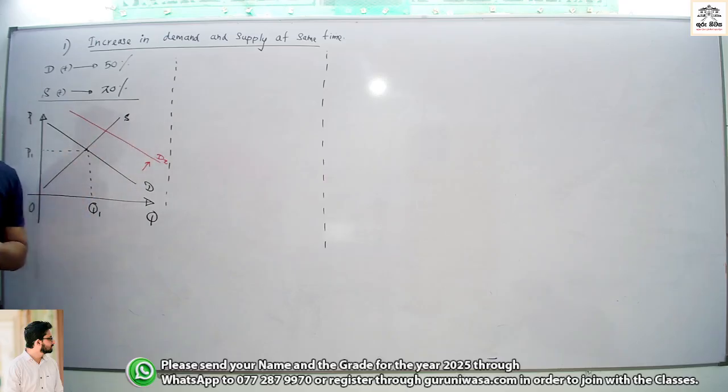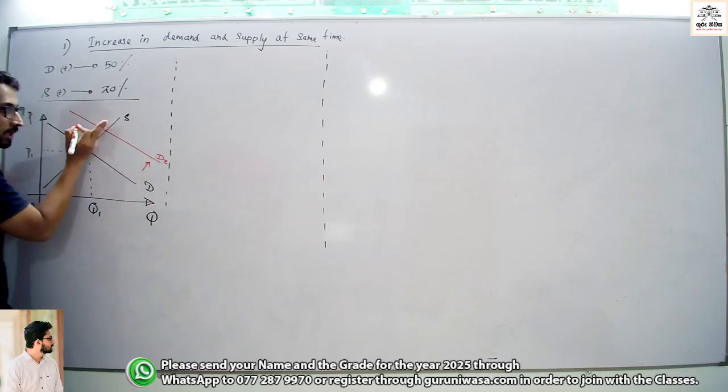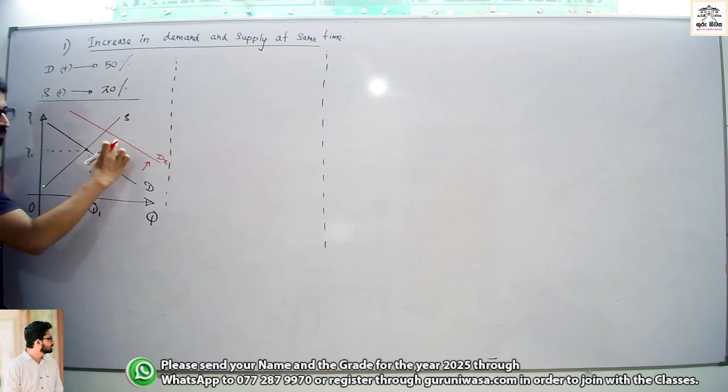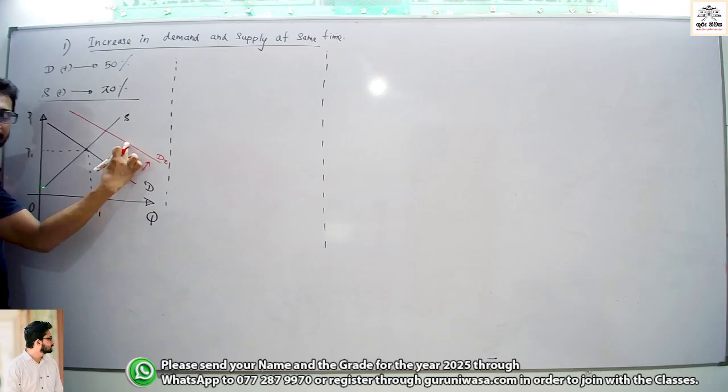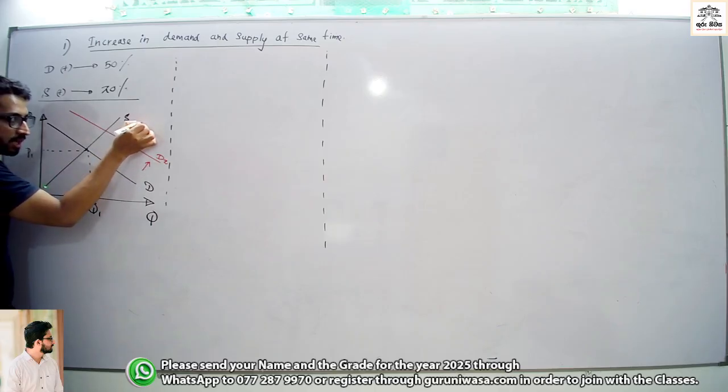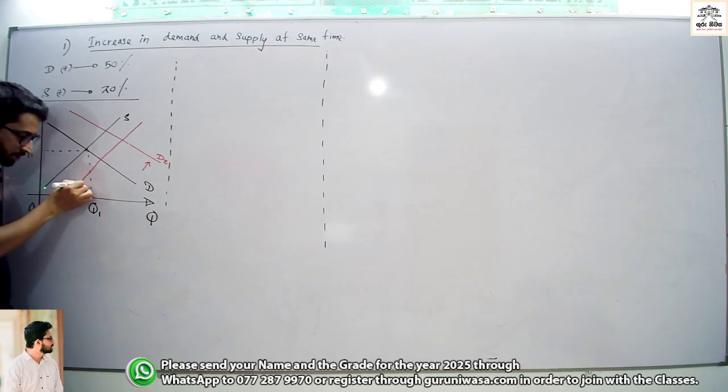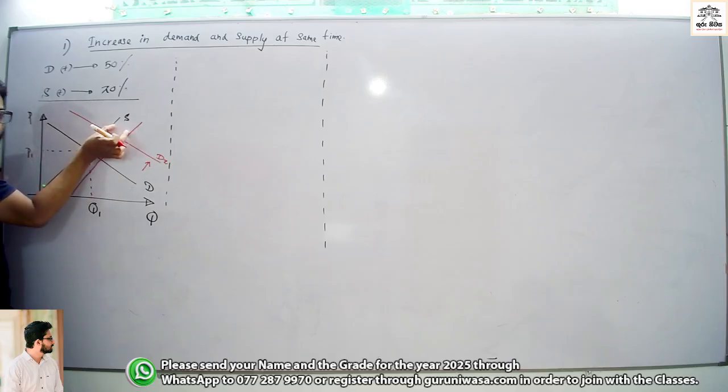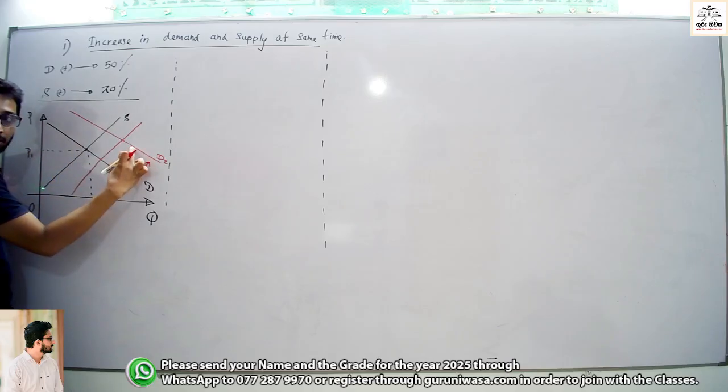So here the supply curve also shifts to the right side, but that distance is less than this distance. Supply curve shifts to the right side, but by a small percentage. This percentage should be less than what demand has shifted. Did you get the point?